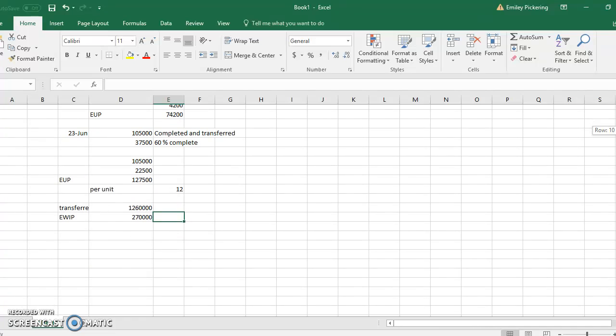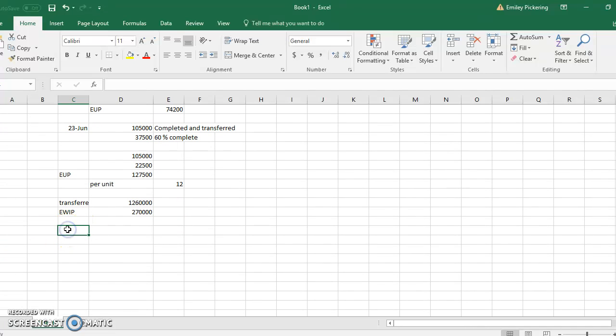The next one I'm going to do is 29. We are not going to be doing the weighted average, so I'm going to do just the FIFO, so 6-29. First of all, I'm going to figure out my equivalent units for August. So in this case, I know that I had units started and completed.